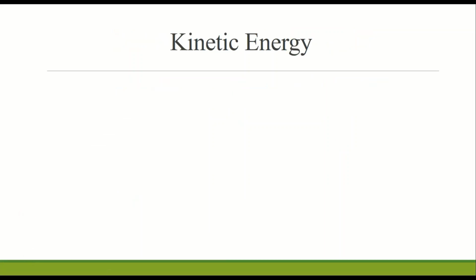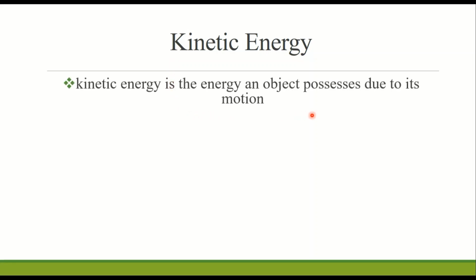The other important concept you should learn about is kinetic energy. Kinetic energy, denoted by K, is connected to how an object is moving and is the energy an object possesses due to its motion. The faster an object moves and the more mass it has, the more kinetic energy it has.